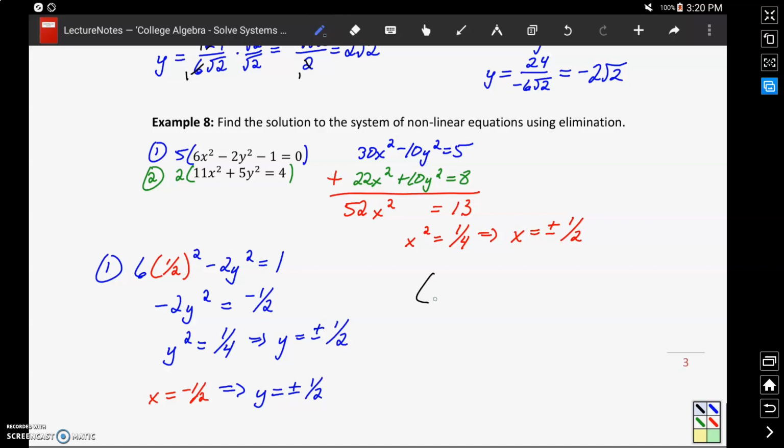So in this case, we have four solutions. When x is positive 1/2, we get results of positive 1/2 and negative 1/2.